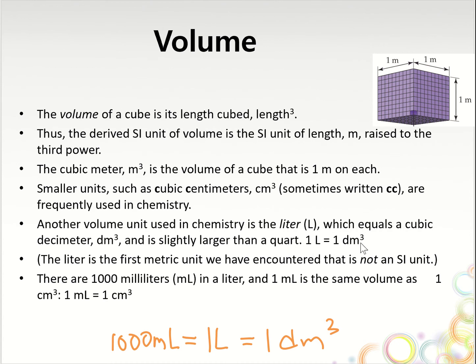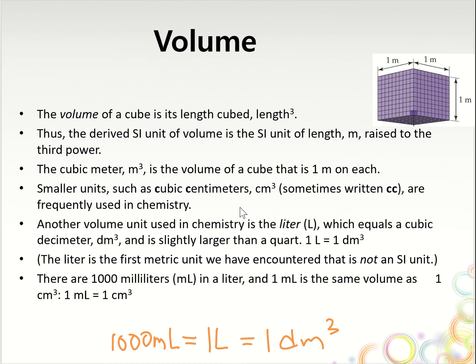The liter is the first metric unit we have encountered that is not an SI unit. There are 1000 mL in a liter, and 1 mL is the same volume as 1 cm cubed, right? So we just need to know these things.